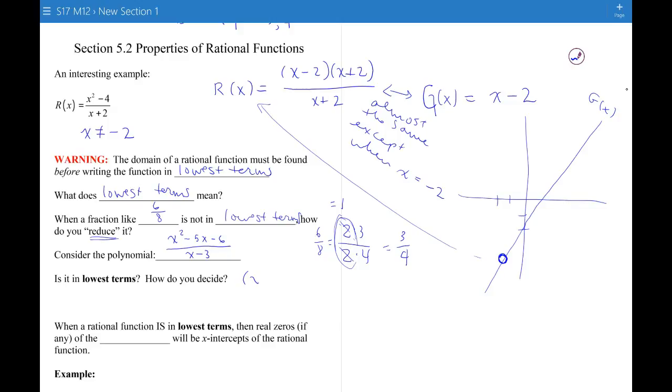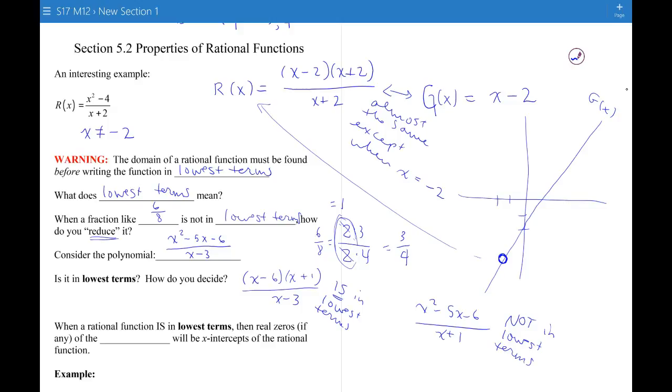Well, you'd need to factor the numerator and see that there are no matching factors in the top and the bottom. So this is in lowest terms. But what if I had x squared minus 5x minus 6 over x plus 1? Then you can see that this is not in lowest terms. So you have to factor to figure that out.